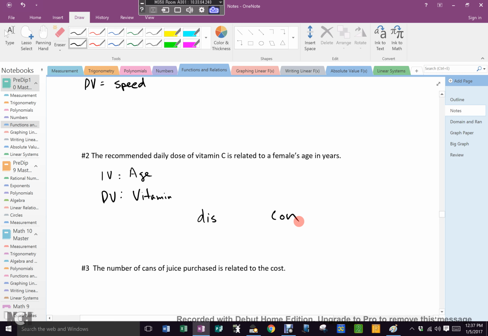So, how old are you? 15. You would take a certain amount of pills, yes? When would you change your dose? Tomorrow you're going to be older than today, aren't you? So are you going to take 1 grain of vitamin C more?